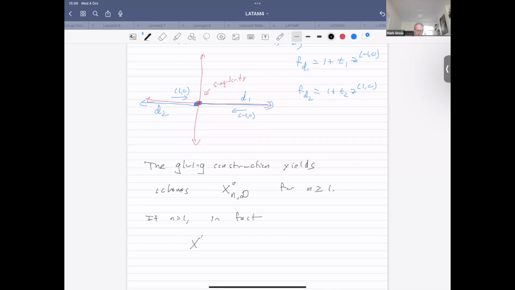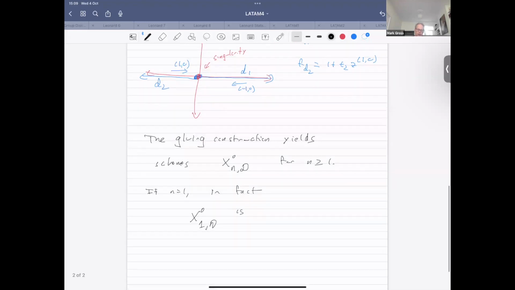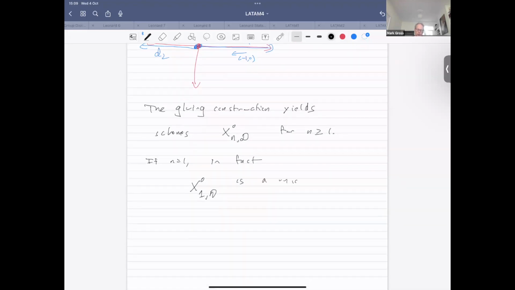In fact, X circ 1d is a union of 4 affine planes, 4 A2s, with the origin removed.